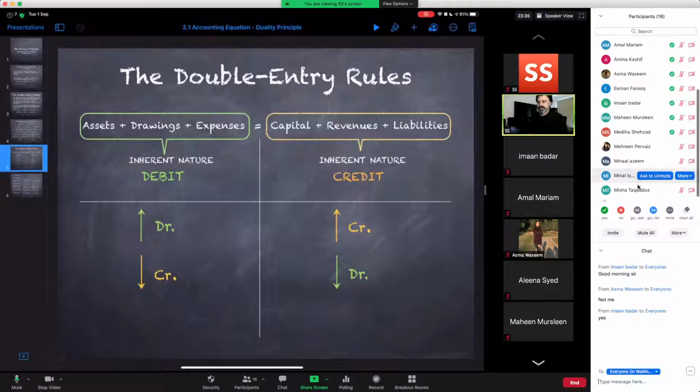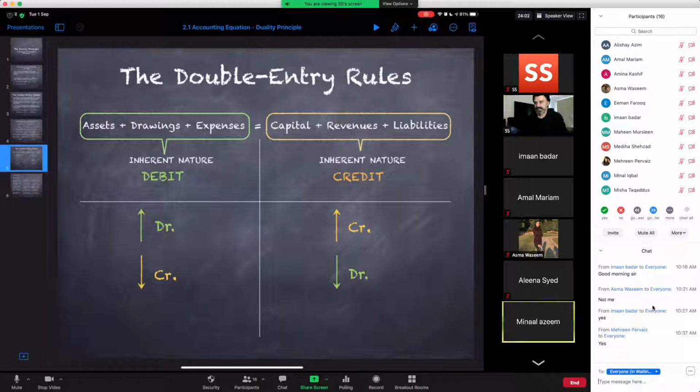Minal Azim is a new student and Mehreen Pervez is also new. Misha, do we understand better? Okay, Mehreen understands. Mehreen, have you done any accounting before? You both have come to class for the first time today, or have you done O Level accounting before, or something else?